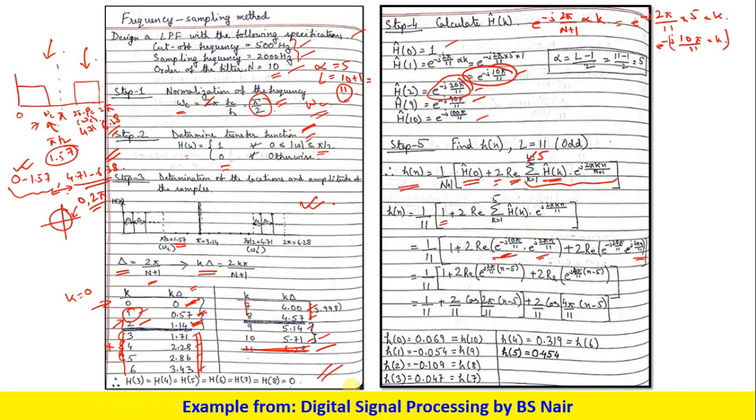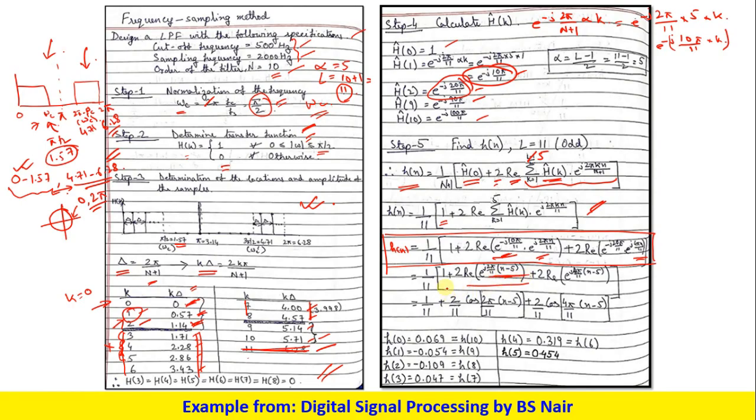So our equation transforms into h of n of this equation. Now if you solve this, you get 1 by 11, 1 plus 2 of real of e to the power j 2 pi by 11 n minus 5 plus 2 real of e to the power j 4 pi by 11 n minus 5. So this becomes the theta.